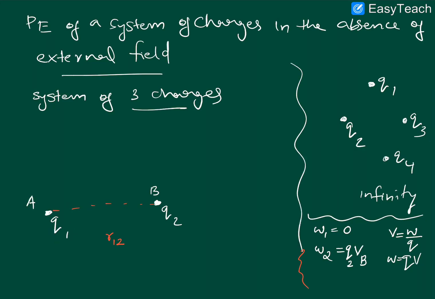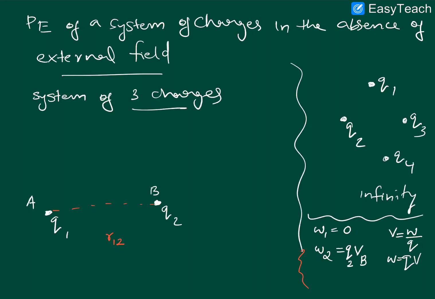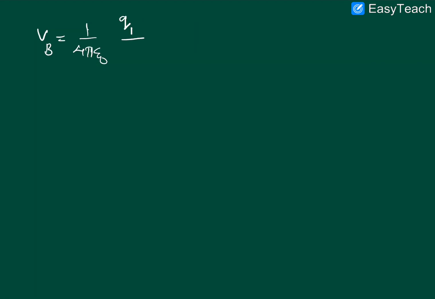Potential due to a point charge at B, you know the expression. It is 1 by 4 pi epsilon 0 charge who is creating potential Q1, and what is the distance from charge to that point? It is R12. So this is the potential equation.